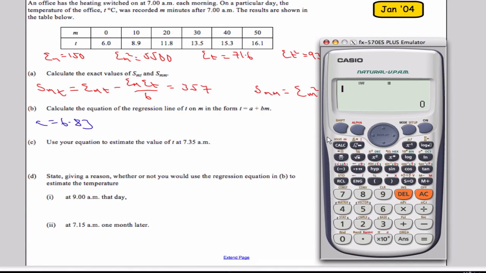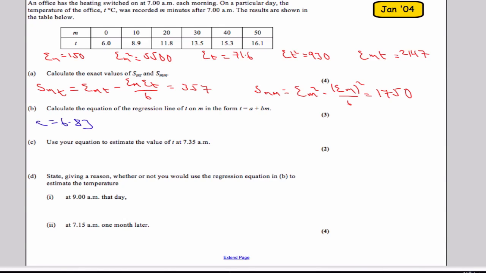The value of b, again shift 1, go into regression, choose option 2, which is b, gives me 0.204. So t equals 6.83 plus 0.204 times m. That saves me having to calculate b and a in the traditional manner.